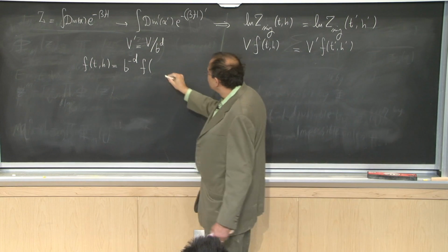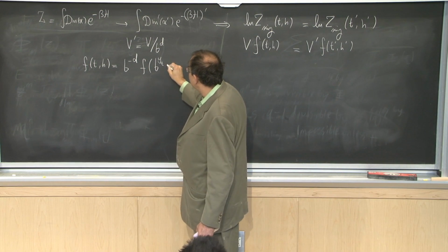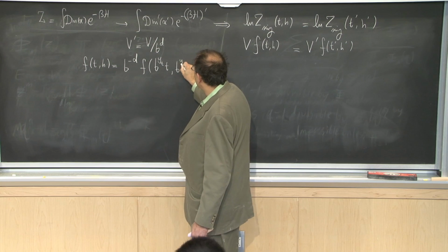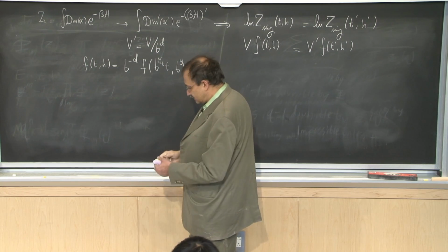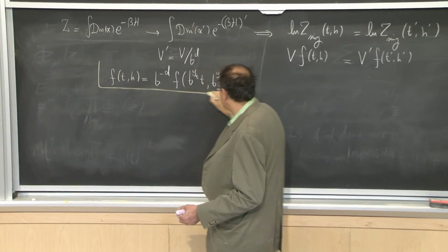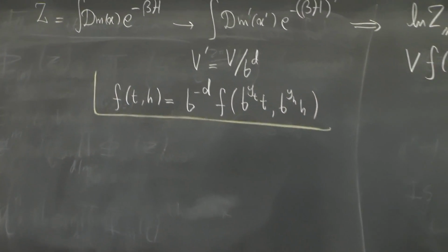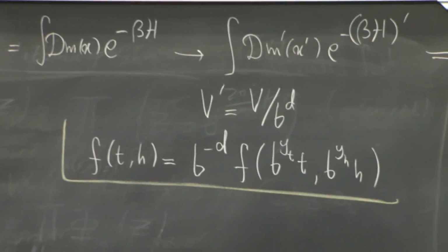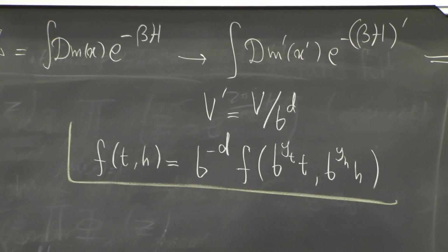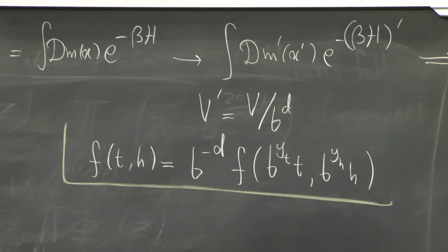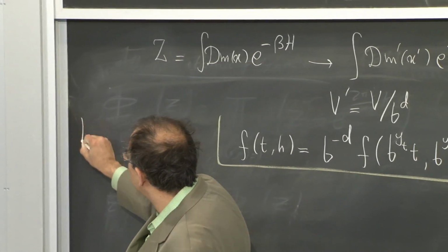But t prime, we said to lowest order, is b to the yt t, and h prime is b to the yh h. This is actually the more correct form of writing a homogeneous function.